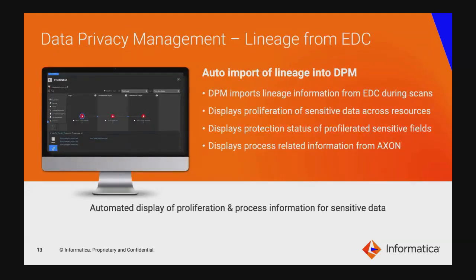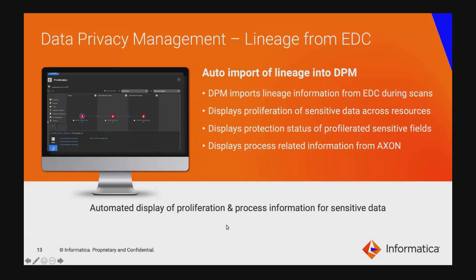As the scans are run using the base platform and enterprise data catalog, DPM also imports lineage information of a specific resource into DPM. But DPM adds value on top of that. While DPM imports lineage information from EDC during the scans, what it displays is the proliferation of sensitive data. You can see some red marks in this screenshot.